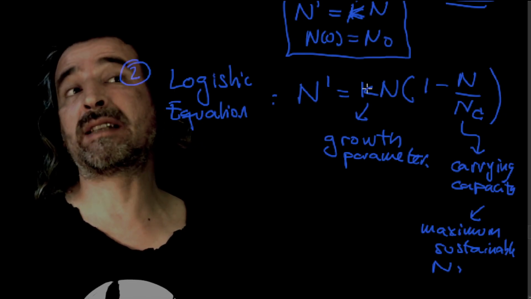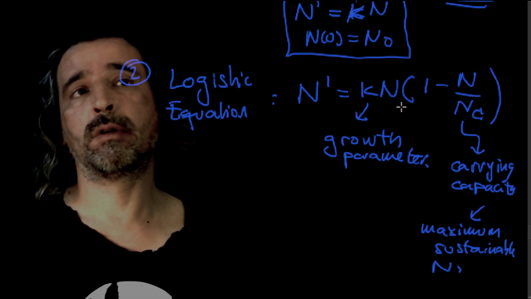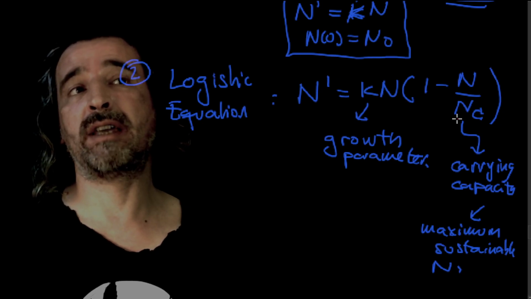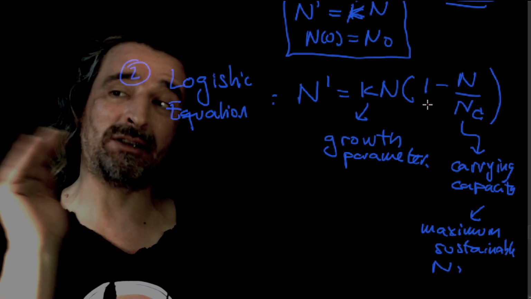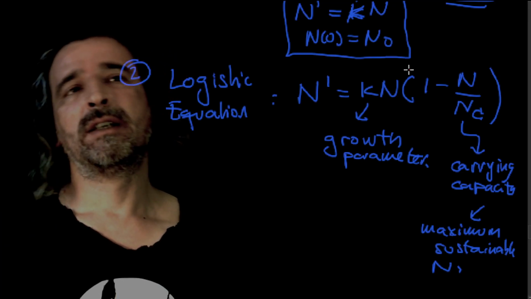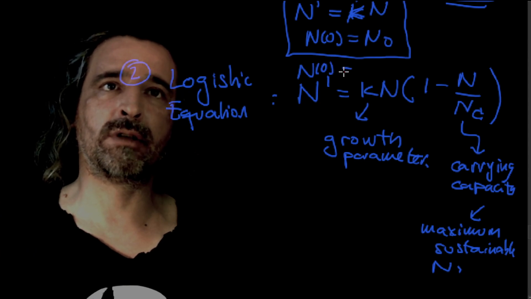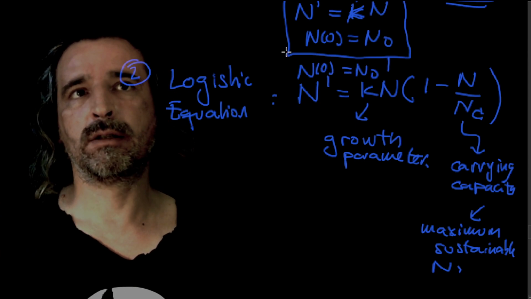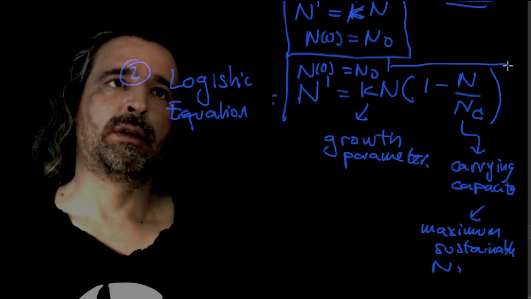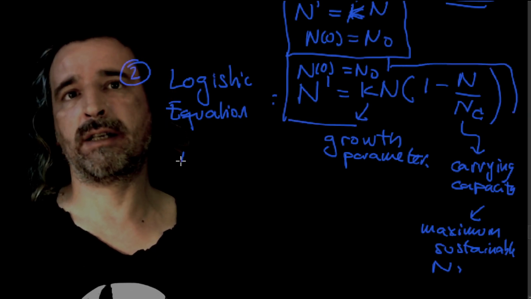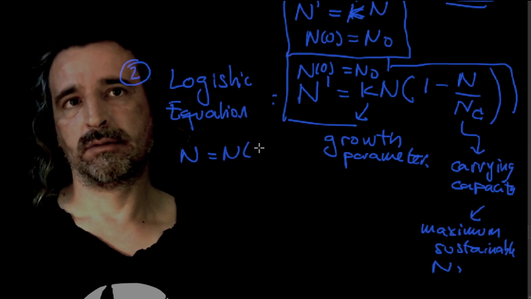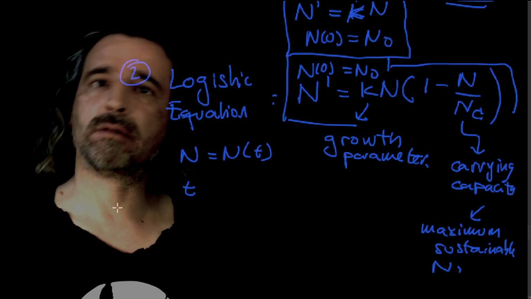So that is a very cool equation. It has two parameters, k and N_C. Depending on those two parameters, things will change, right? And again, it's first order, so you are also going to need N of 0 equals N naught, some initial condition. The unknown here is again N of t, and the independent variable is t.